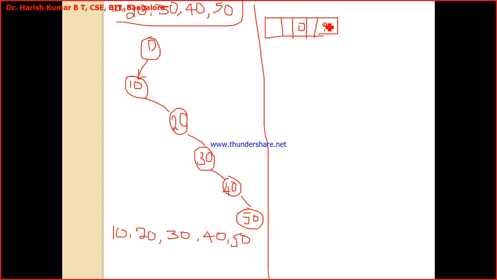This I'll make false, this true, and I'll make 10 the left child of the dummy node. Next, there is no left child for 10, so this is false, this is true.